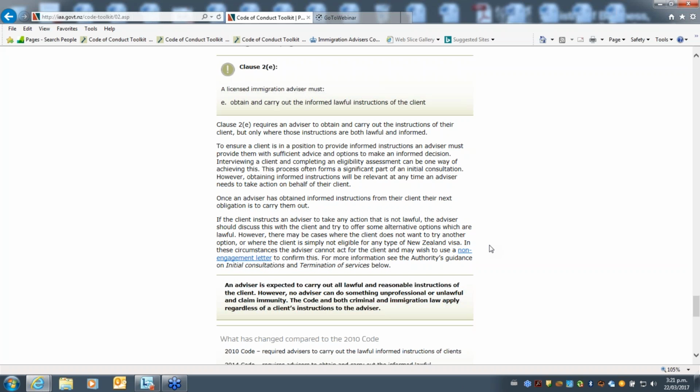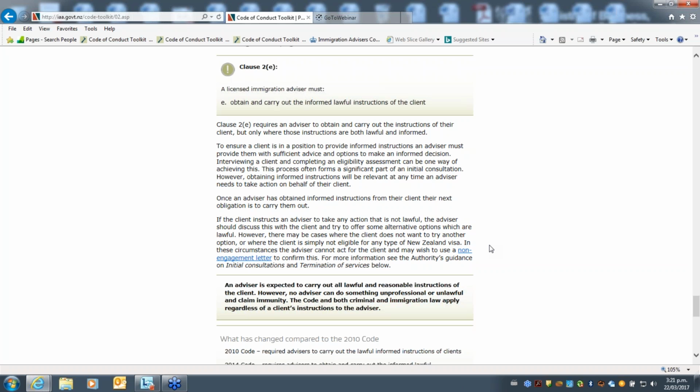But where we see things going wrong mostly is advisors failing to get instructions. That may either be at the very beginning of the relationship, where they are relying on staff or other agents to do that for them, or it may be further down the track, where the advisor may make an assumption about the next steps to take.